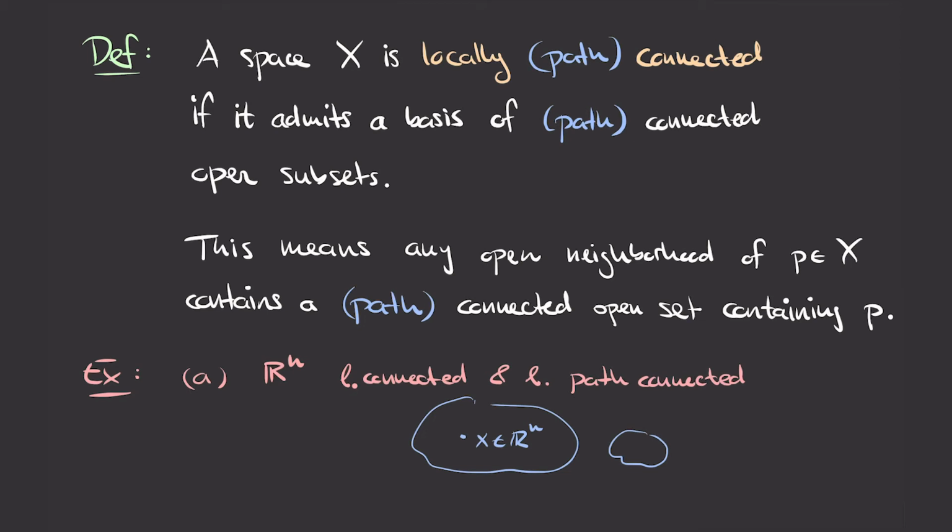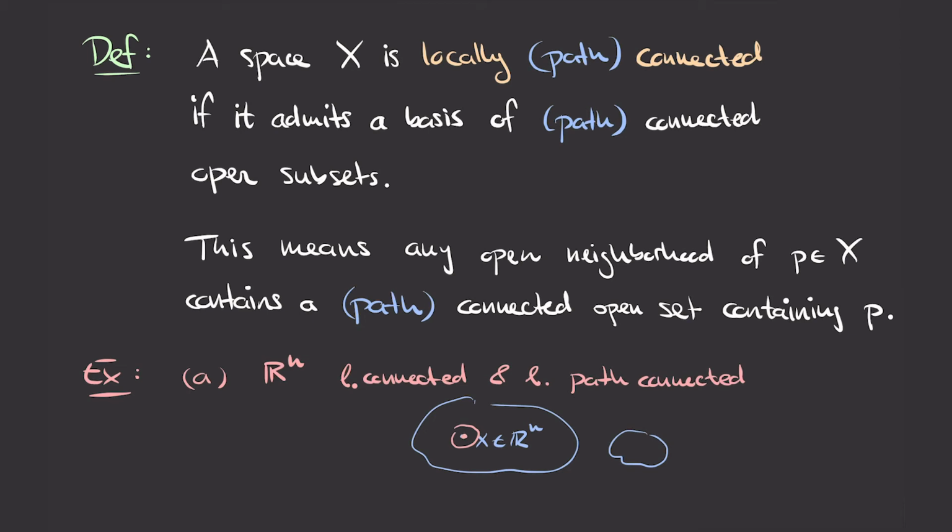In particular, if we choose the point x here, we can find some small open ball containing x that is still contained within the blue neighborhood. And as I said before, open balls are both path connected and connected, so this satisfies the second version of the definition for connectedness and also for path connectedness.